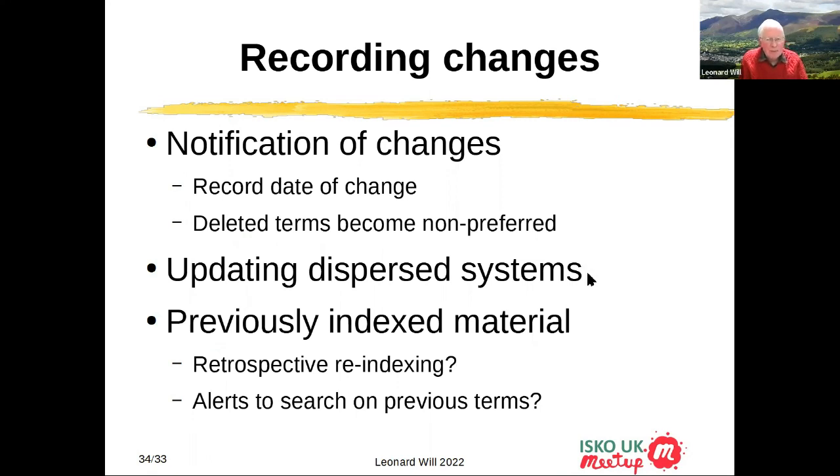And if the system is dispersed, then of course you've got the difficulty of maintaining several different versions, and people may have modified them and so on. So that's quite tricky to keep track of.